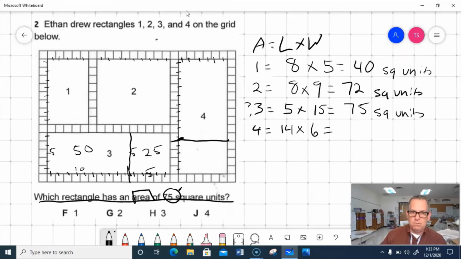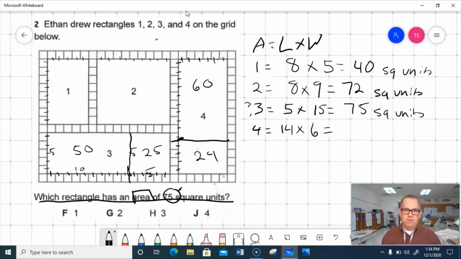So 6 times 10 is 60. And that leaves 4 times 6. And 4 times 6, I know if I double 6, it's 12. If I double 12, it's 24. So 4 times 6 would be 24.